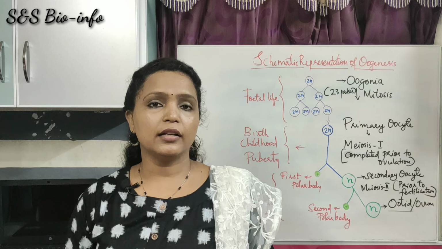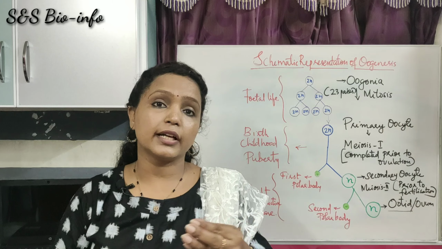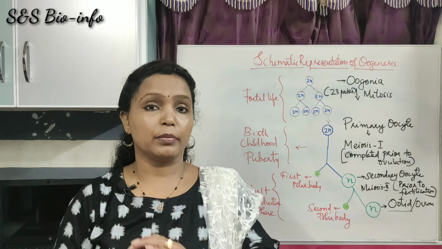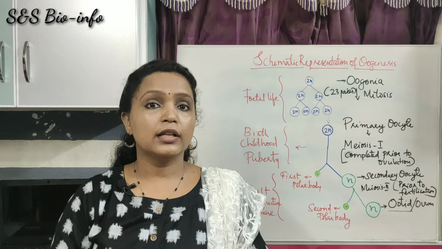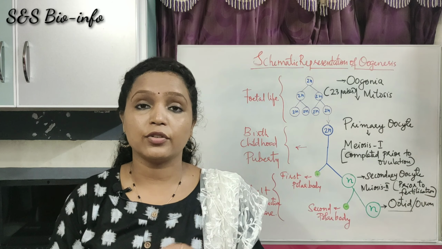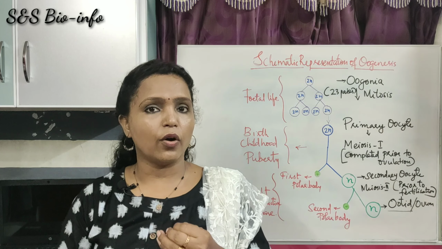It means that usually during ovulation, the secondary oocyte is released from the ovary of the female, not the completely matured ovum. The complete maturation of the ovum or oocyte takes place prior to fertilization, after the entry of sperm.